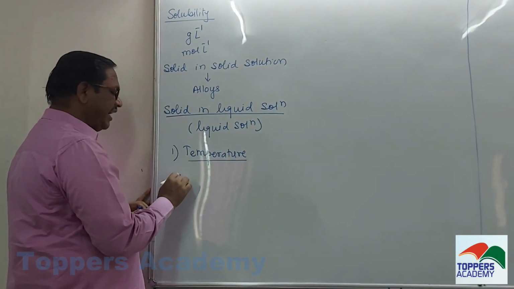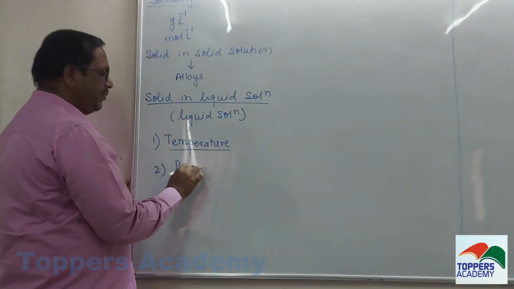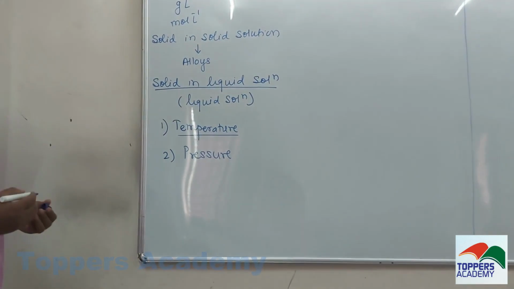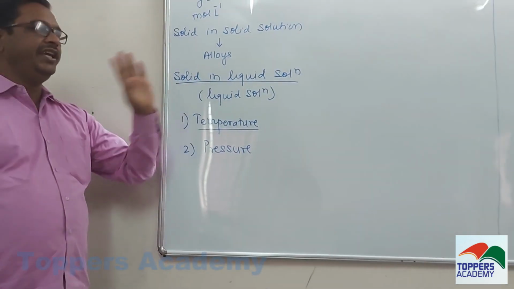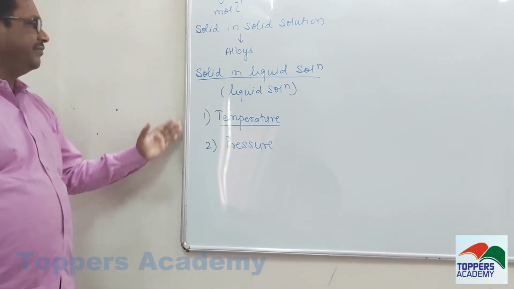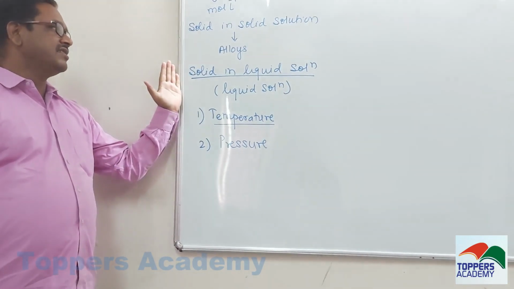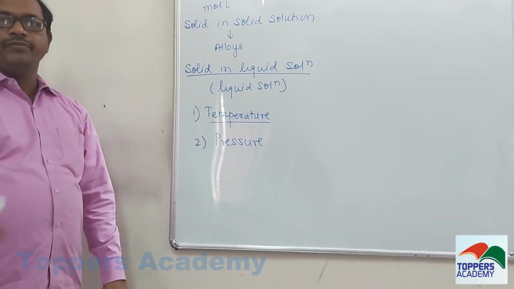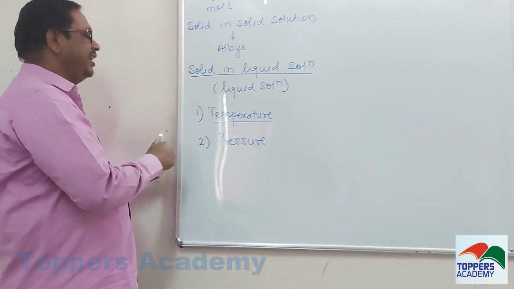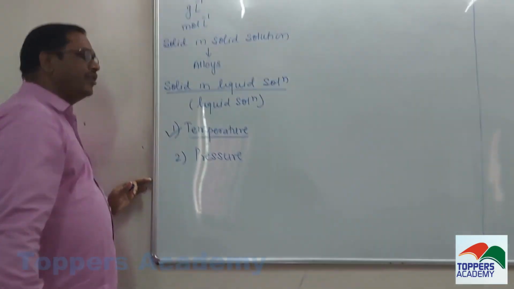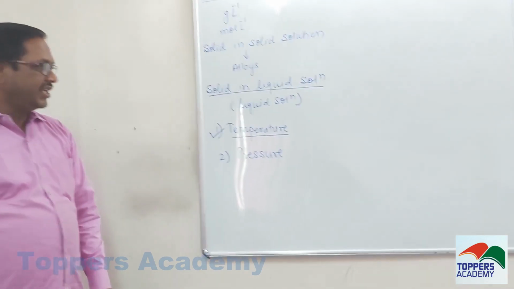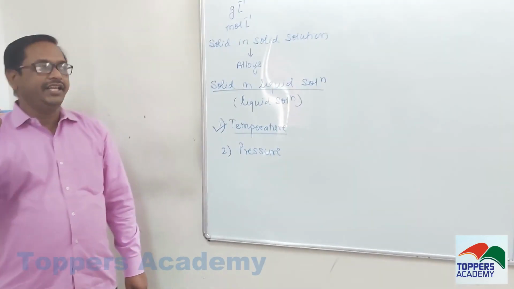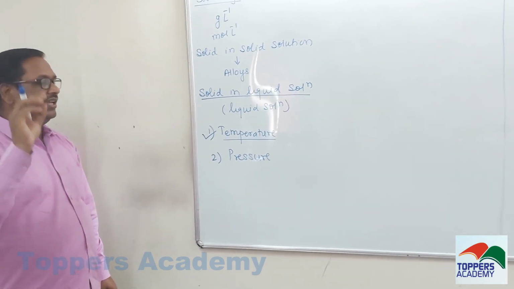And the second factor is the pressure. Now remember, pressure does not affect the solubility of solid in liquid. In this way, the solubility of solid in liquid depends mainly on one factor, that is the temperature, because when temperature increases, solubility of solid in liquid also increases.